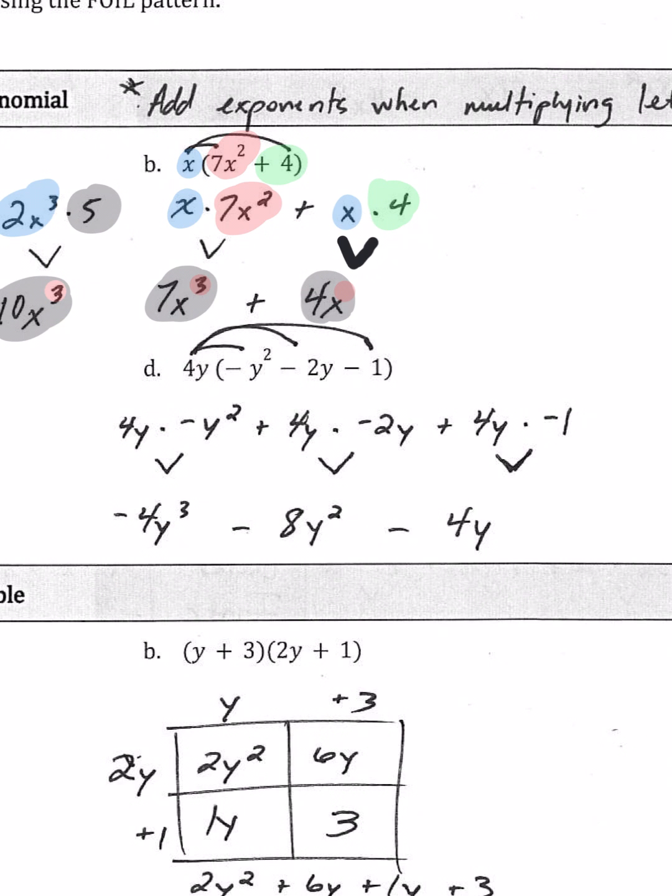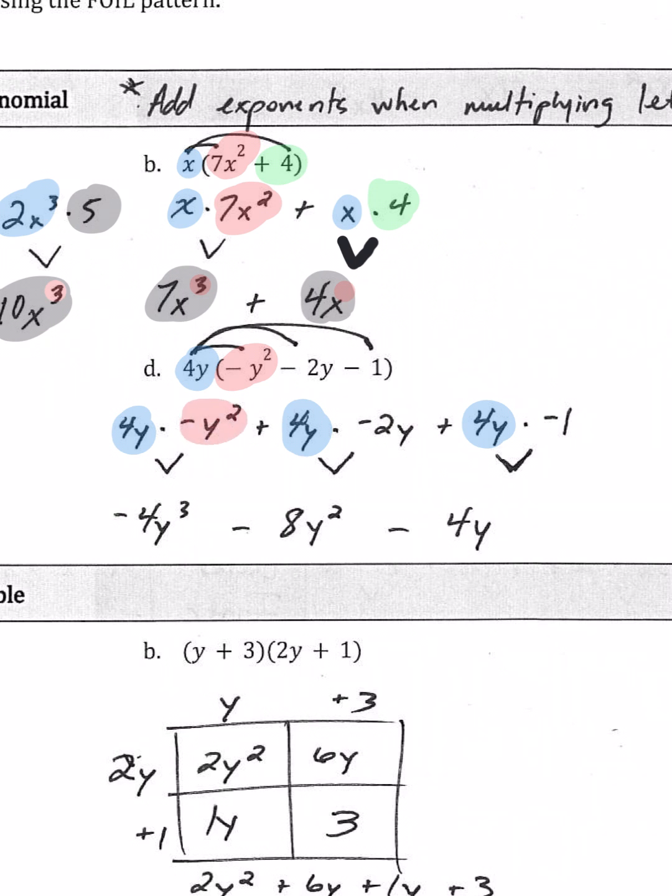Last example, D. 4y times all of these things on the inside. I drew all of these arrows, kind of like the distributive property, to help you out. We need to do 4y times all of the terms on the inside. So 4y times negative y squared.